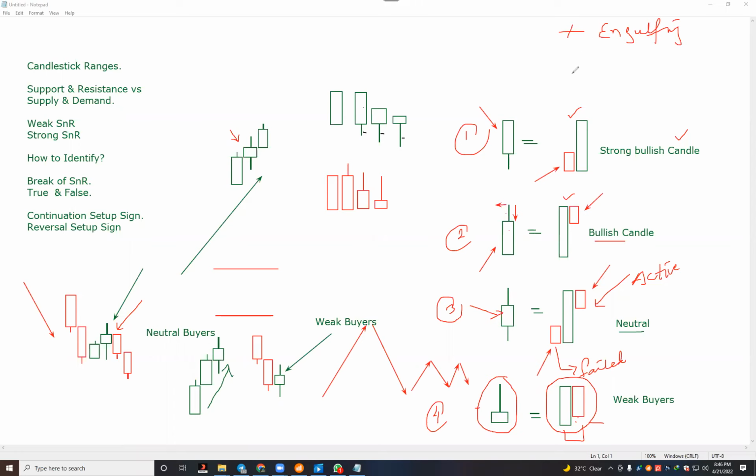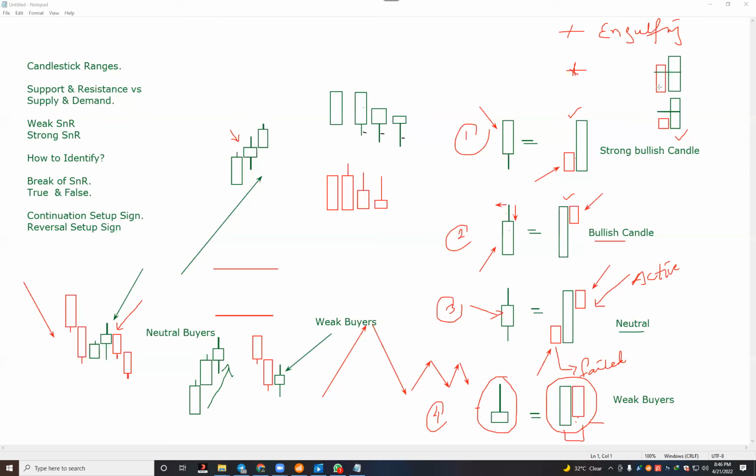Yes, Alisha is very right about the outside bar and the engulfing. If you find a red candle and then a green candle, you take the size of the green candle and mark 50%.